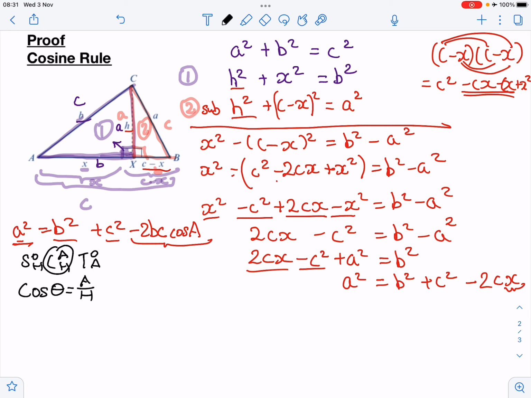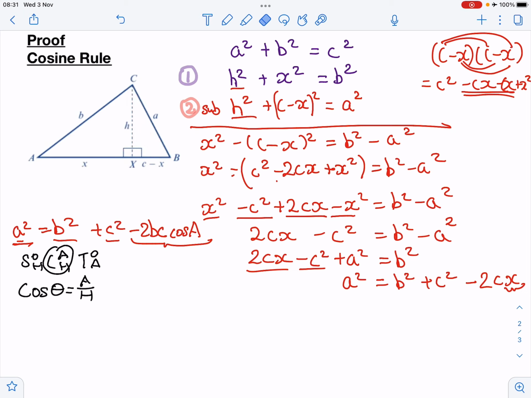If we consider our triangle 1, let's just look at triangle 1 and work this out. We label our sides, and we want to find x in terms of angle A. So let's label it: we have hypotenuse, opposite, and adjacent.